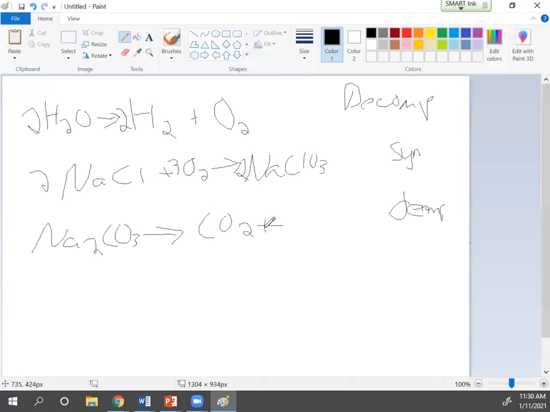And what else? You know that a metal carbonate breaks down into carbon dioxide and what? Look at your notes if you don't know. A metal carbonate breaks down into carbon dioxide and what else? Not just the metal, the metal oxide. So sodium oxide, what is the formula of sodium oxide?